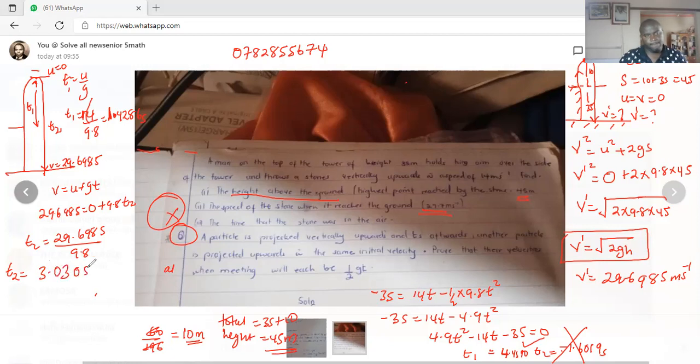3.0305. So the total time is supposed to be T1 plus T2. Confirm and see whether we get the same answer.